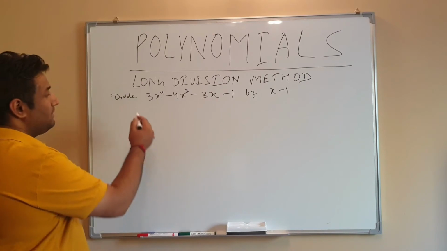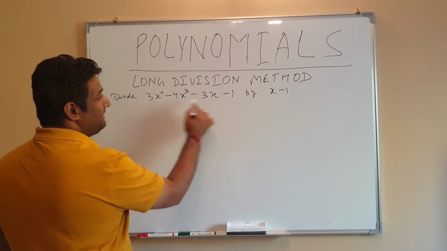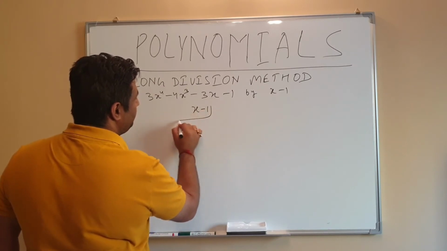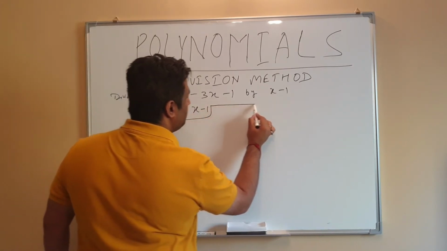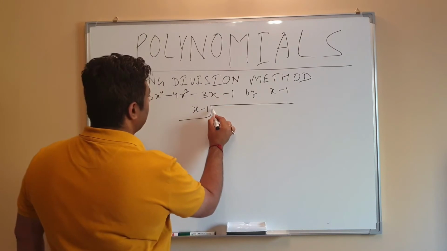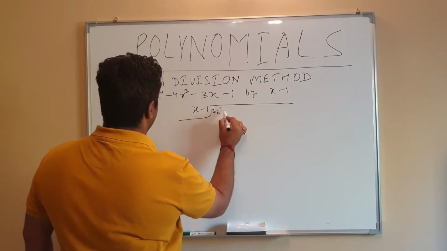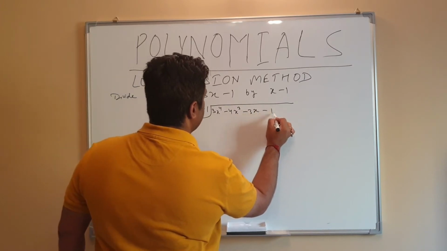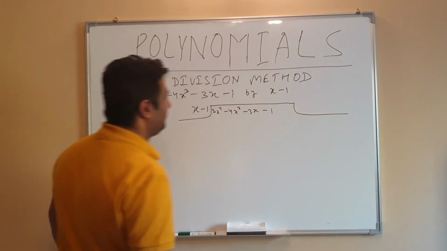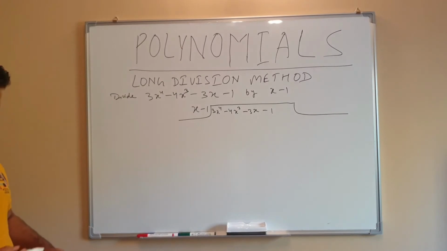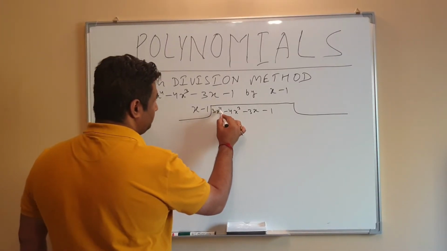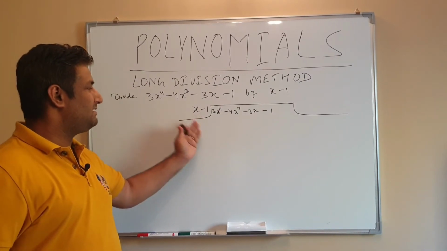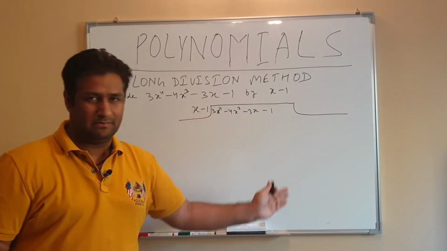Okay, so you have to divide this term by this term, right? So we'll write it in the long division method form. We have to write it like that. Now the very important thing here is, you have to multiply this term with some term so that you can get these terms, right?